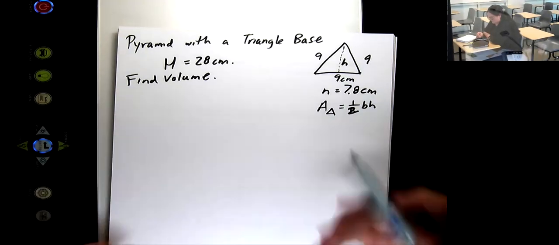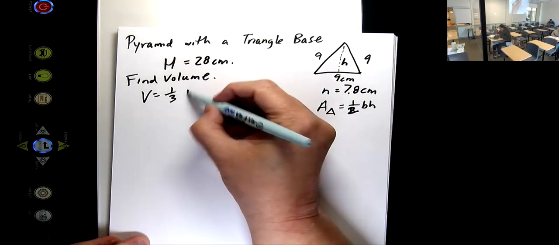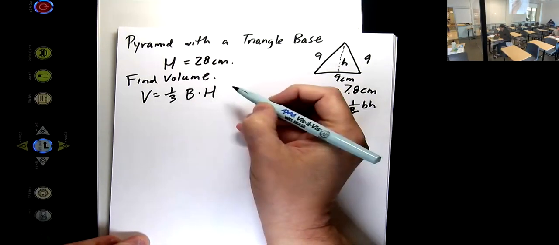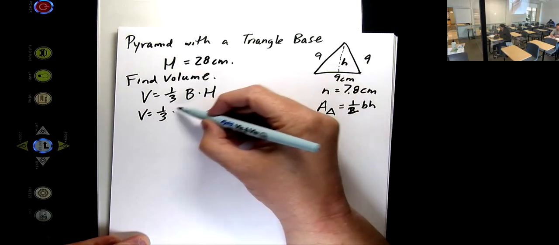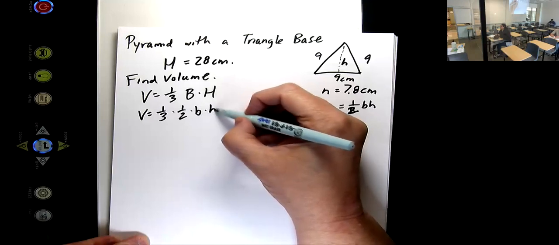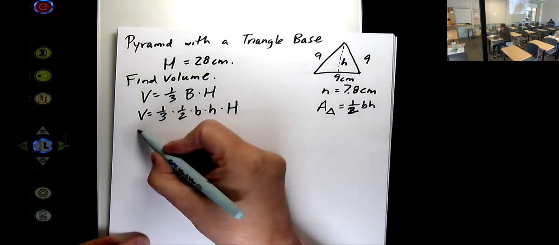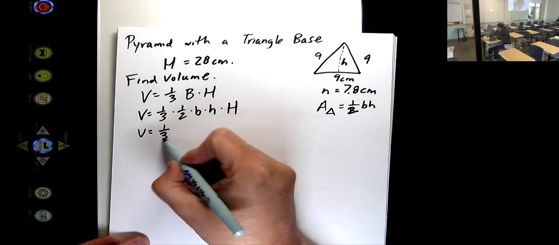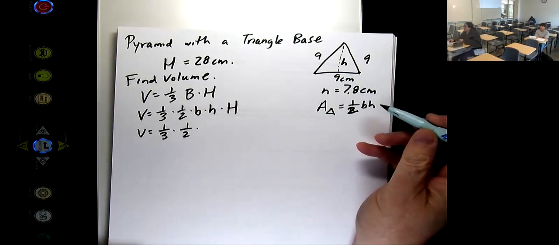All right, so we went through this. I'm going to write it. We've got 1/3 big base times big height, which is 1/3 times 1/2 times little base times little height times big H. So I'm just going to plug all this in. Just divide your answer by 3.